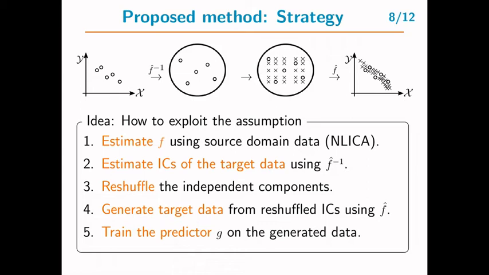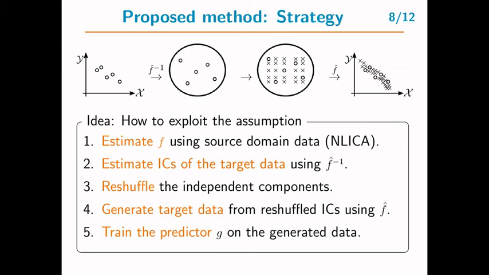Now please look at the figure. Now that we have estimated f, we can use it to extract the independent components from the labeled target domain data, as in the first two figures. After we do that, we reshuffle the estimated independent components. For example, if the data is two-dimensional, as in the figure, we take all the grid points, which are expressed as the crosses.